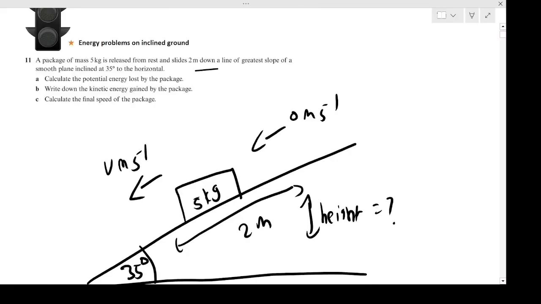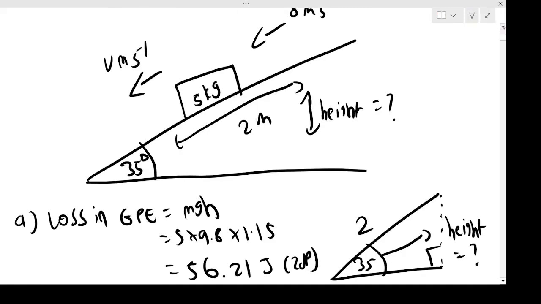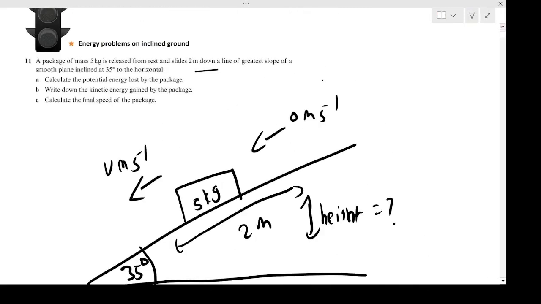Then in part B, it's asking me to write down the kinetic energy gained. You'll notice the language: it's saying you don't need to work anything out, you should already know it straight away. There are no forces acting on this box.